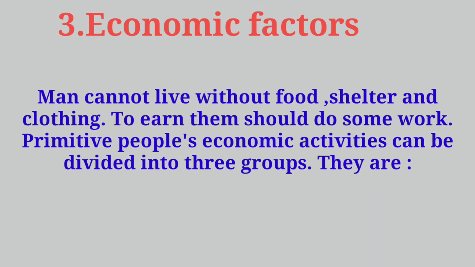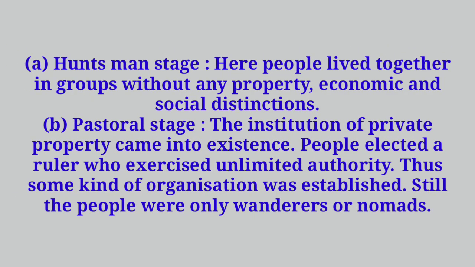Number 3, economic factors. Man cannot live without food, shelter, and clothing. To earn them, he should do some work. Primitive people's economic activities can be divided into three groups. They are: Huntsman stage. Here people lived together in groups without any property, economic or social distinctions.